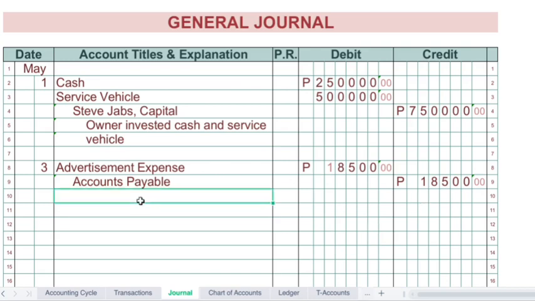Okay, then we will write a short or a brief description about this. So okay, so we placed advertisements on account. Okay.